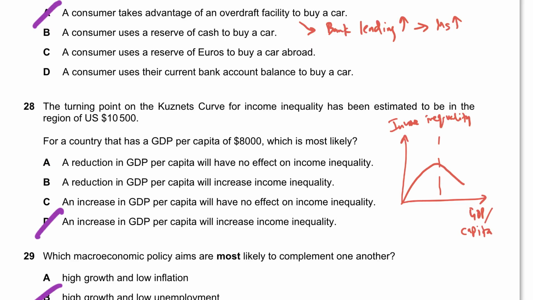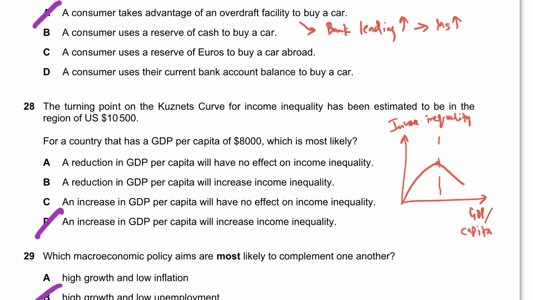Number 28 says that the turning point of the Kuznets curve for income inequality has been estimated to be 10,500. So what is the Kuznets curve? A Kuznets curve shows the relationship between GDP per capita and income inequality. It says that as GDP goes up, initially income inequality goes up till a certain point, which is this point.